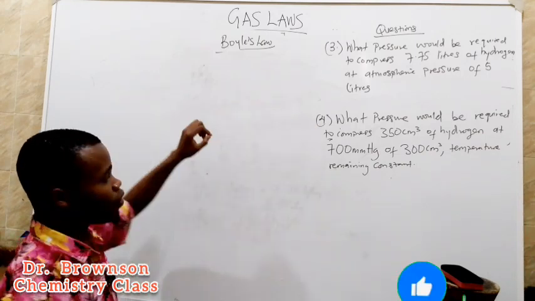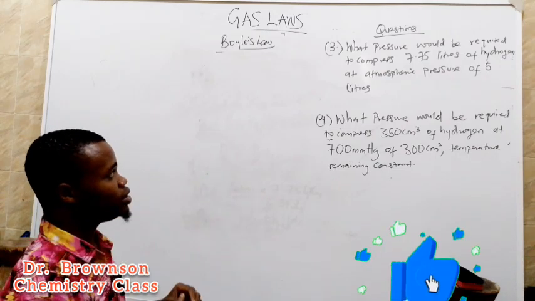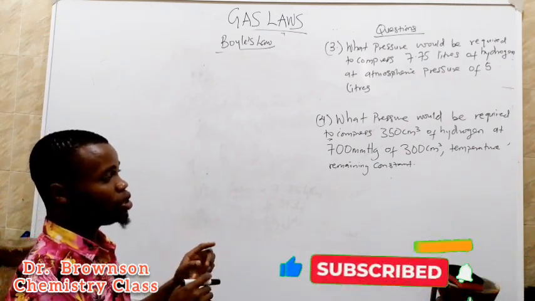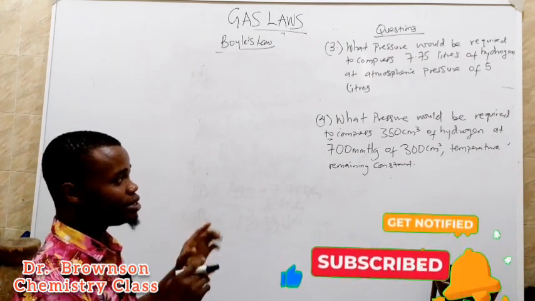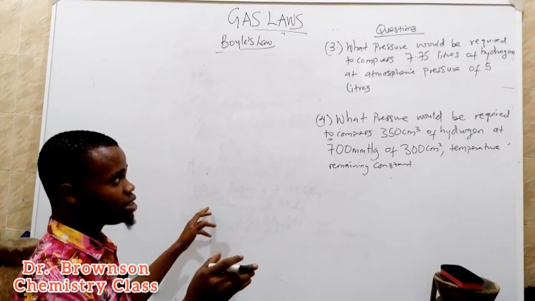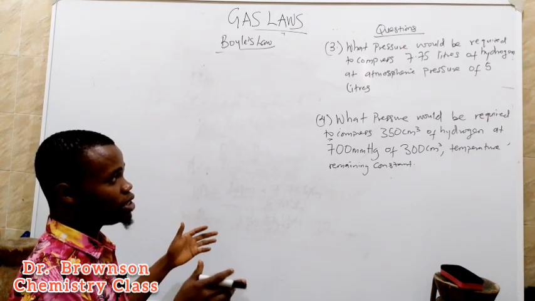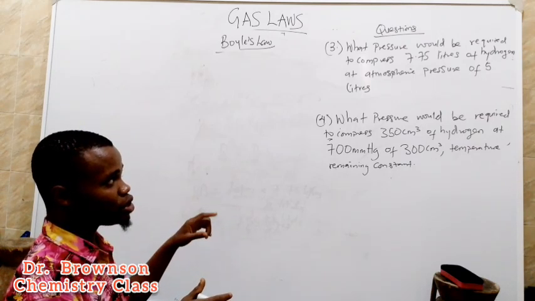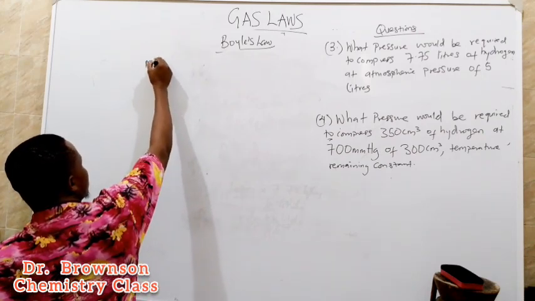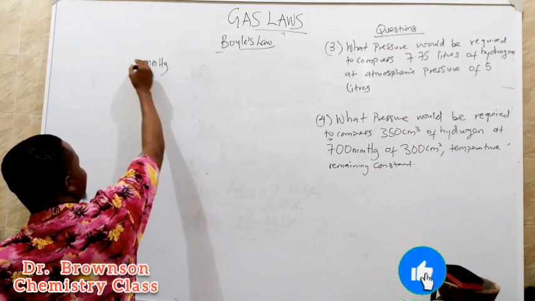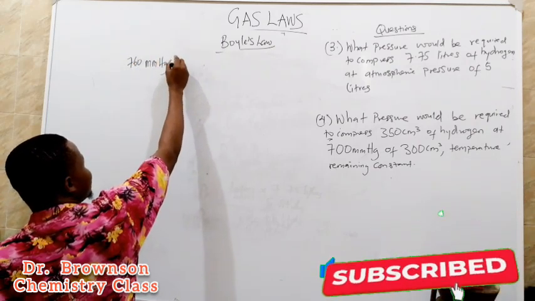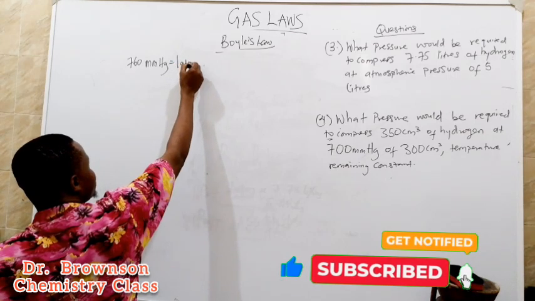Questions 3 and 4. Now, I said in my last video that if the pressure is in millimeter mercury, the volume will be in centimeter cube, and if the pressure is in atm, the volume will be in liters. The standard pressure is 760 millimeter mercury, which is the same thing as 1 atm.